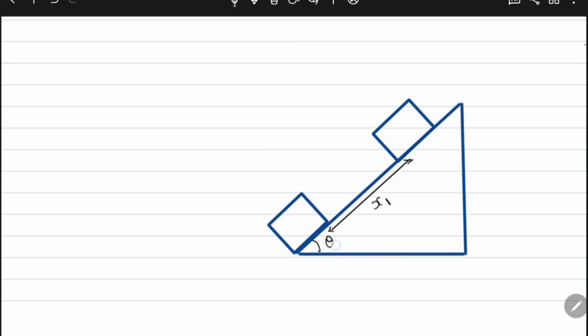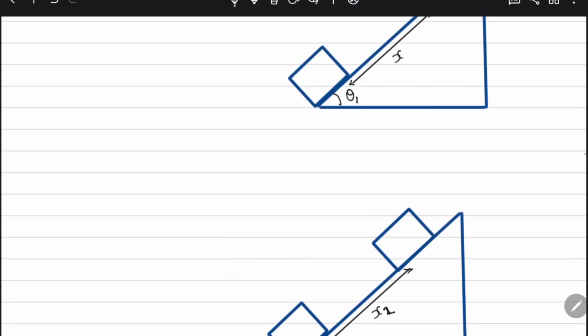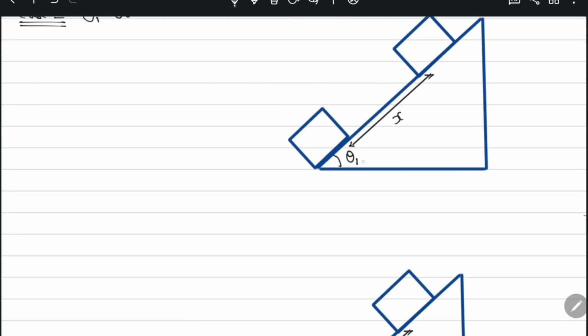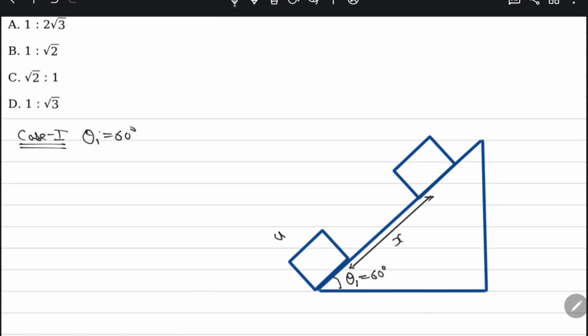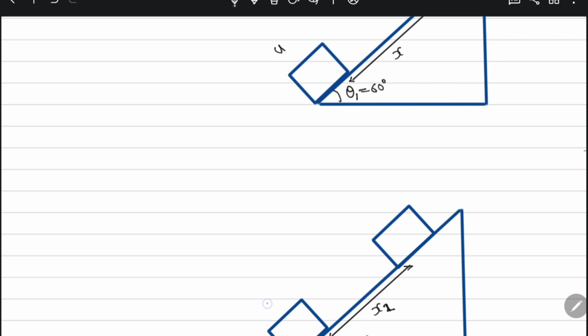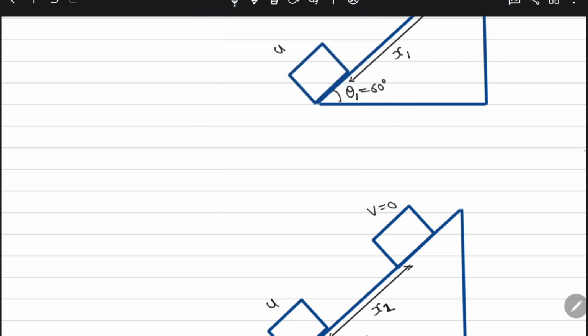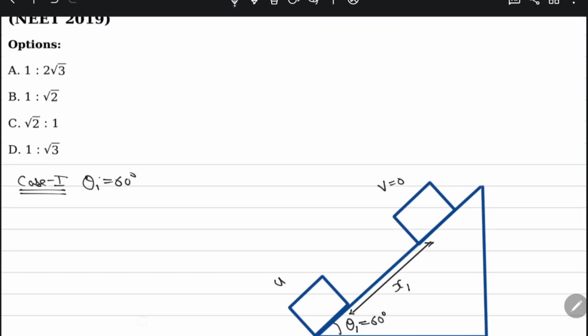This is theta 1, this is theta 2, this is x2 traveled, and here theta 1 is 60 degree. Initially they provide the velocity. After traveling a distance x1, their final velocity becomes 0. This is also where they provide the initial velocity, and the final velocity becomes 0. This is our x1, this is our x2, right?